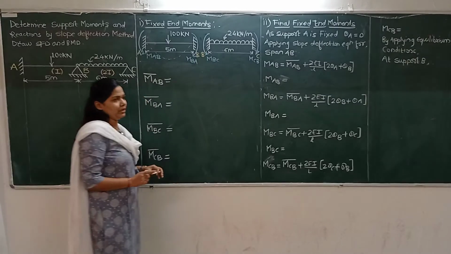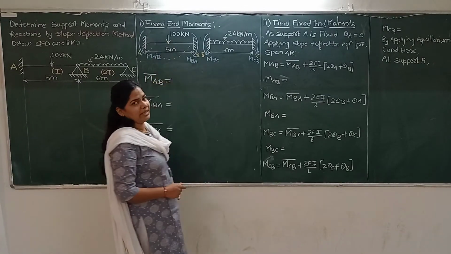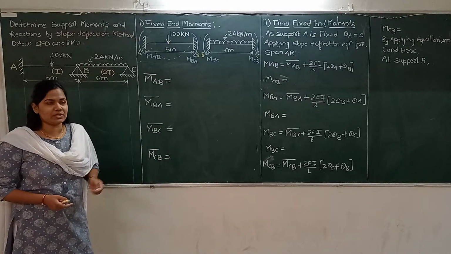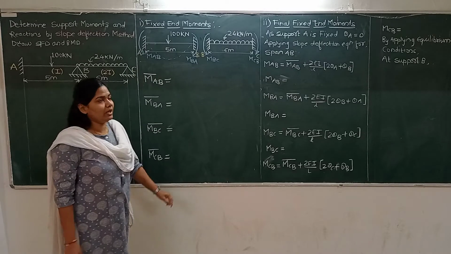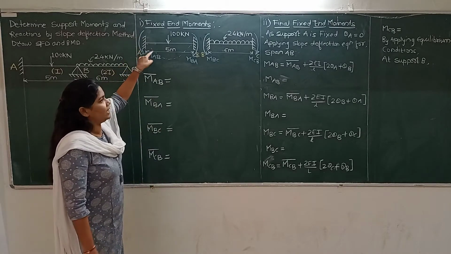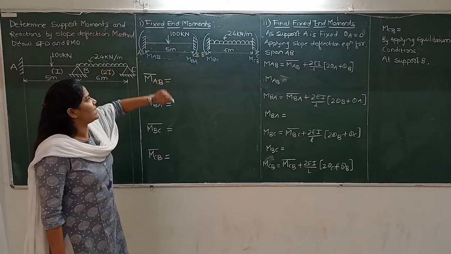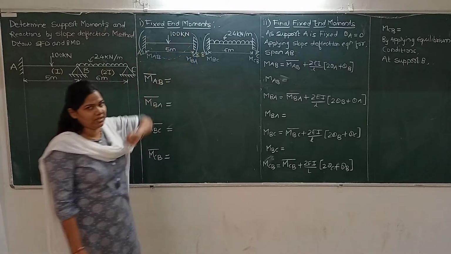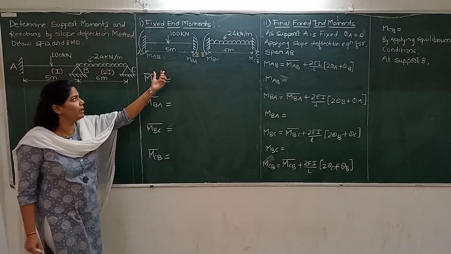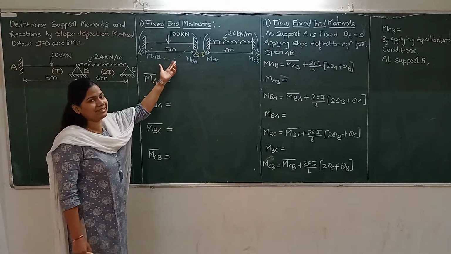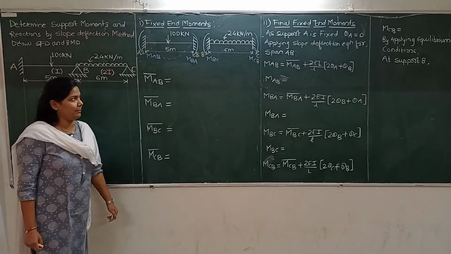So let us separate span AB and span BC and apply the fixed supports at A, B and C. When span AB is subjected to the point load, the developed fixed moments, to prevent the bending of span AB, will be in this direction. So MAB will be in the anti-clockwise direction and MBA in the clockwise direction. The nature of the developed fixed moments will remain the same to prevent the bending of span AB.